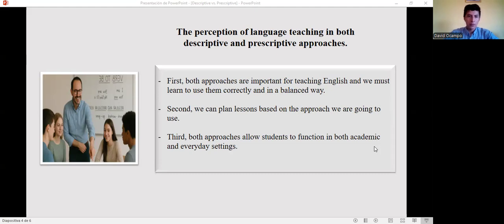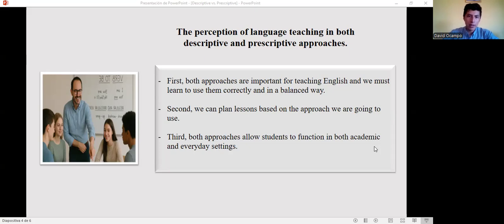First, both approaches are important for teaching English, and we must learn to use them correctly in a balanced way. For example, if we are teaching a grammar class on the present simple, and a student formulates a sentence without following the rule, we cannot be dogmatic and demand precision. On the contrary, we must be flexible and realistic.